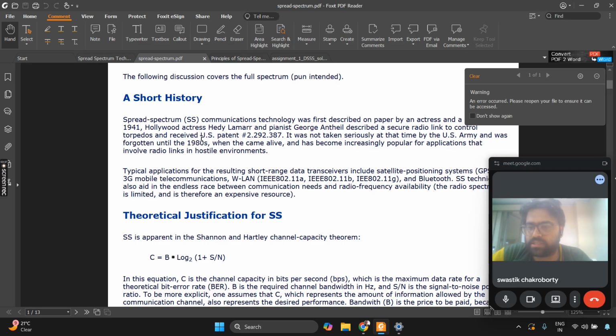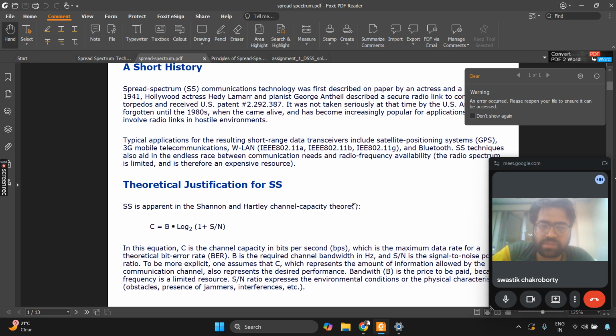During the 1980s, spread spectrum communication technology came alive and became increasingly popular for applications that involve radio links in hostile environments. Typical applications for the resulting short-range data transceivers include satellite positioning systems, 3G mobile communication, WLAN, and Bluetooth.